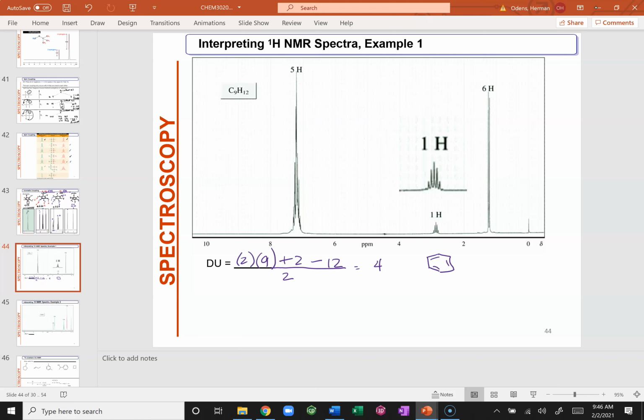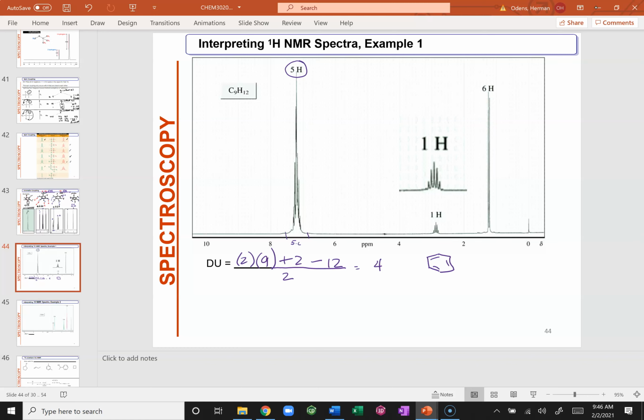So check this out. Now let's take a look at this proton here. I have a multiplet at around 7 ppm, 5 protons, and it integrates for 5. Notice that for your unknowns in the lab, this number is sometimes represented as an integration.